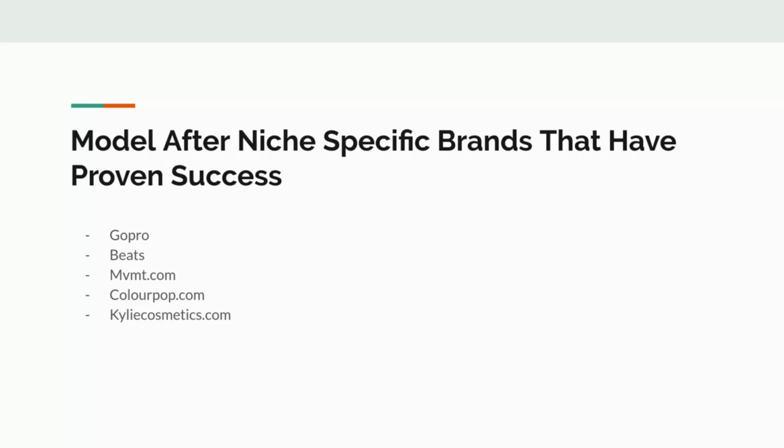Beats, everyone has heard of Beats. Obviously, they make a lot of money. Apple bought them for, I don't even know how much. It was a ridiculous amount. So that's obviously a proven successful business that's in a successful niche. You can model after Beats, and you can say, okay, I want to go find and source headphones off of Alibaba or off of AliExpress, and I'm just going to model after what Beats did.